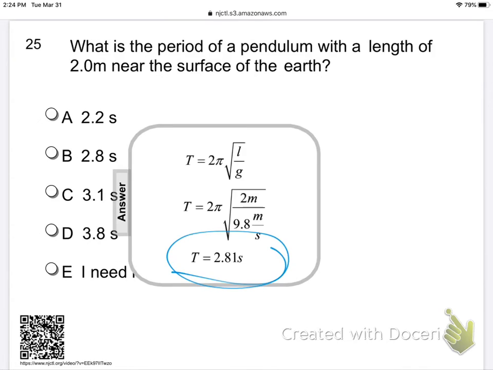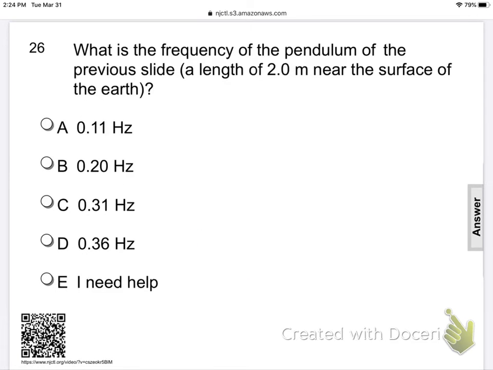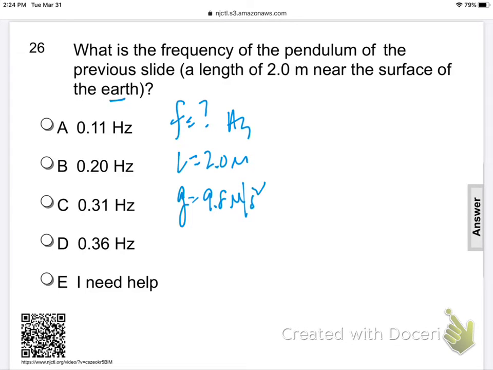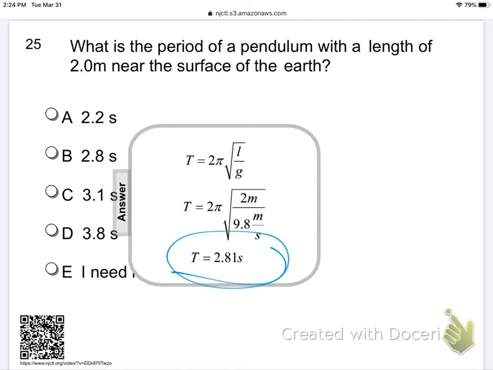Let's see. What's the frequency of the pendulum? And remember, that's going to be in hertz. Of the previous slide, length 2 meters. Near the surface of the Earth, well, that's G equals 9.8 meters per second squared. Well, let's go back and look what the period was.